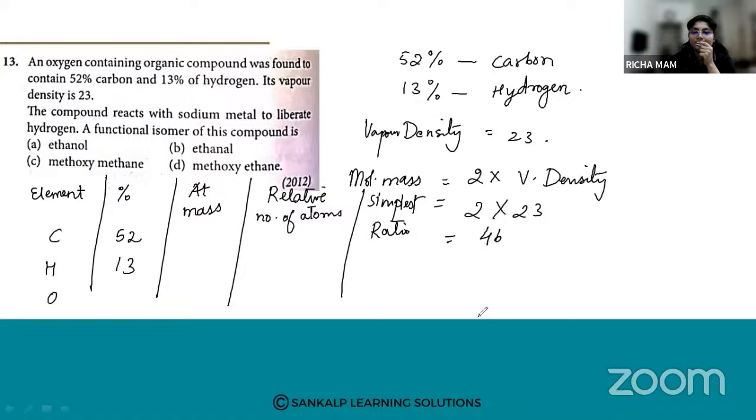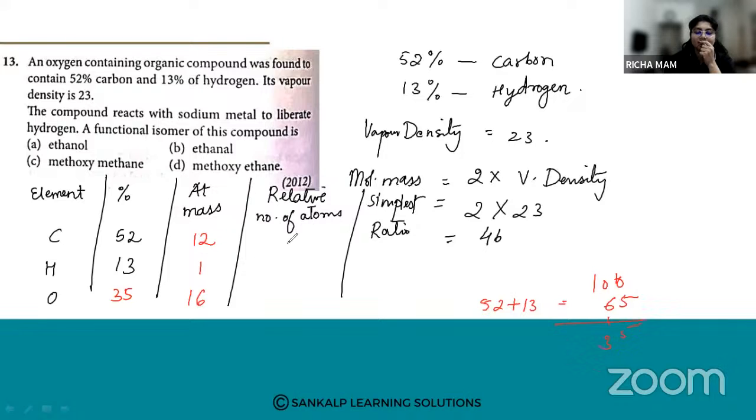52 plus 13 is equals to 65. Subtract from 100, so it will be 35%. Oxygen is 35%. Now what is the atomic mass of carbon? It is 12. Hydrogen is 1. Oxygen is 16.